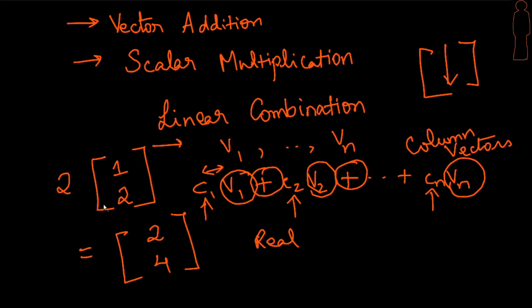The important point to note here is that the scalar multiplication between this constant and this vector is defined by real number multiplication by the components of the vector, as simple as that. So we take the constant 2, multiply each of those components, and that is obviously defined because that is simple real number multiplication. Okay, now let's proceed to the geometric representation.